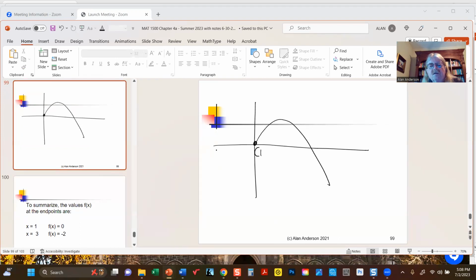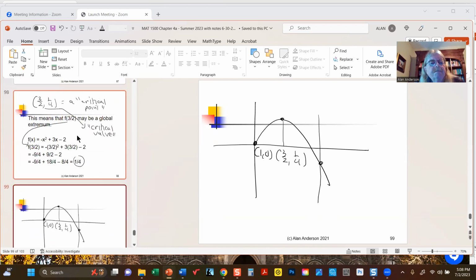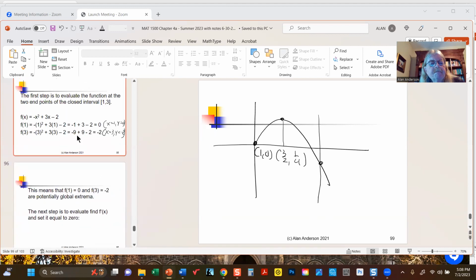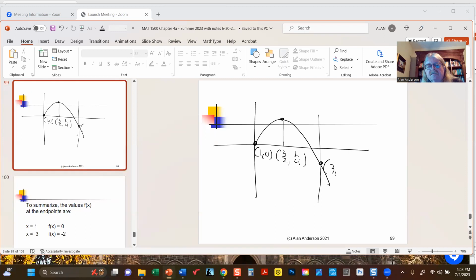So the points 1, 0, 3 halves, 1/4, and this one was 3, -2. All right, so the key detail here is this.